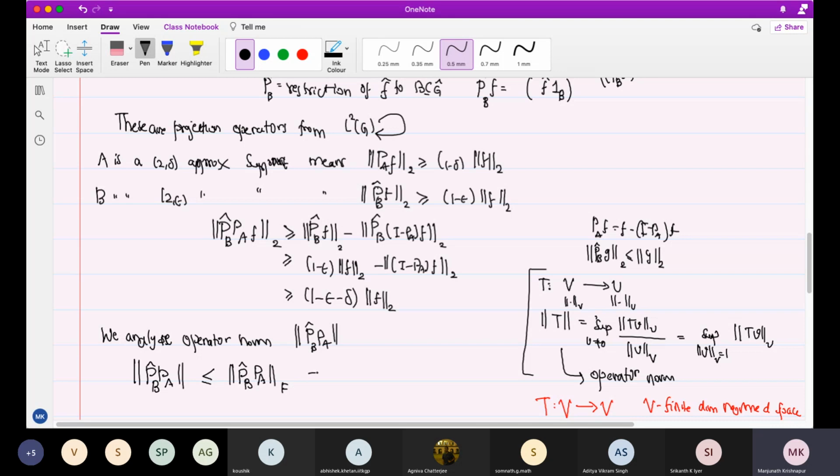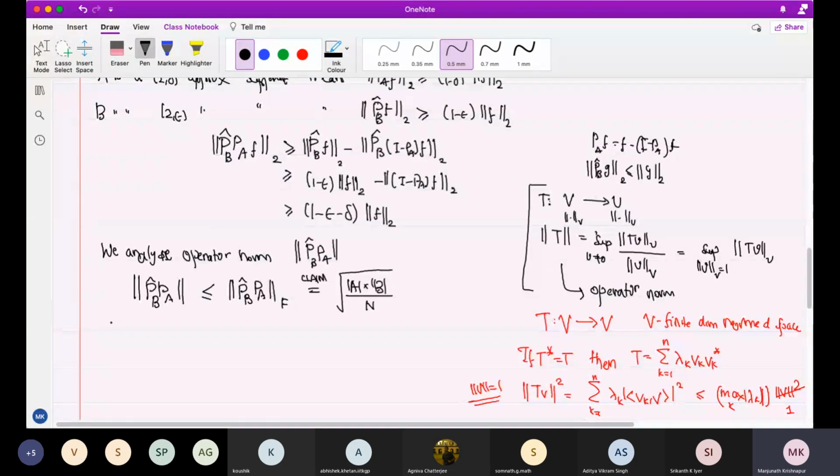This is a claim: it will be the square root of size of A times size of B divided by n. So we will show this. Once we prove this claim, assuming this, we are done.